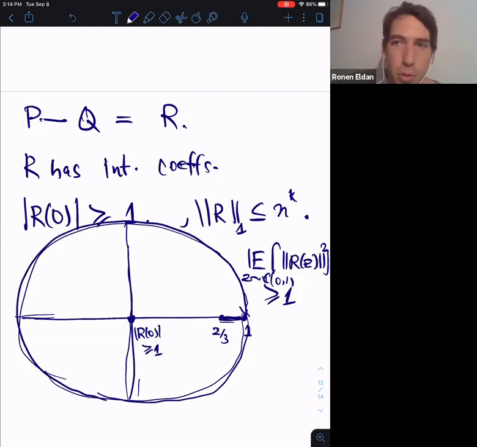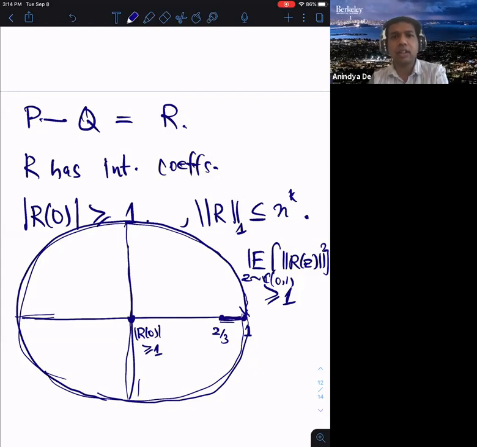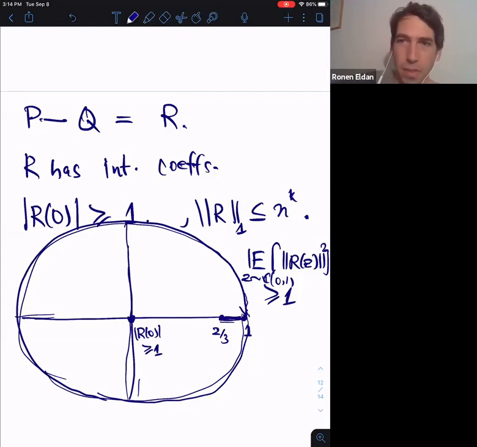So you basically want to just invert this linear operator, right? And it seems plausible that maybe one can calculate the condition number of this operator.